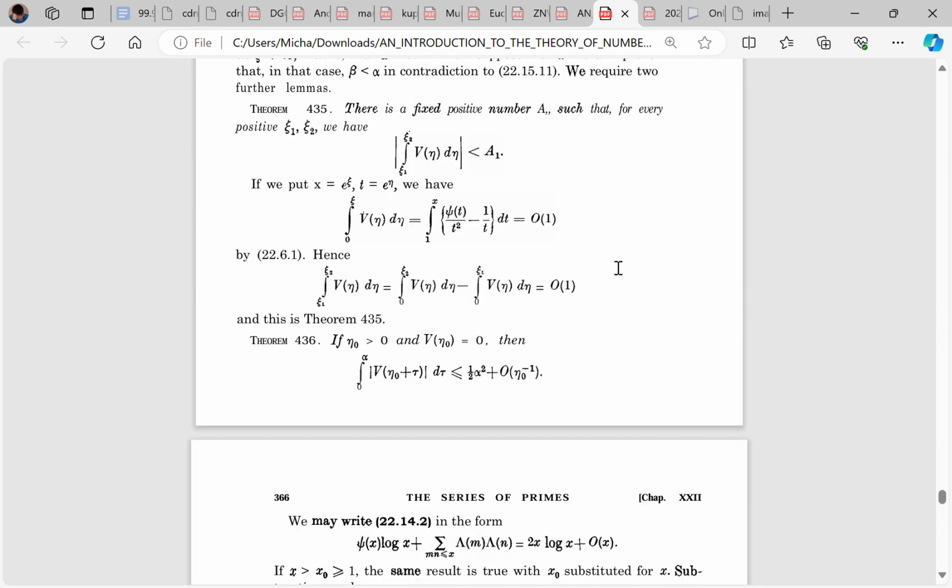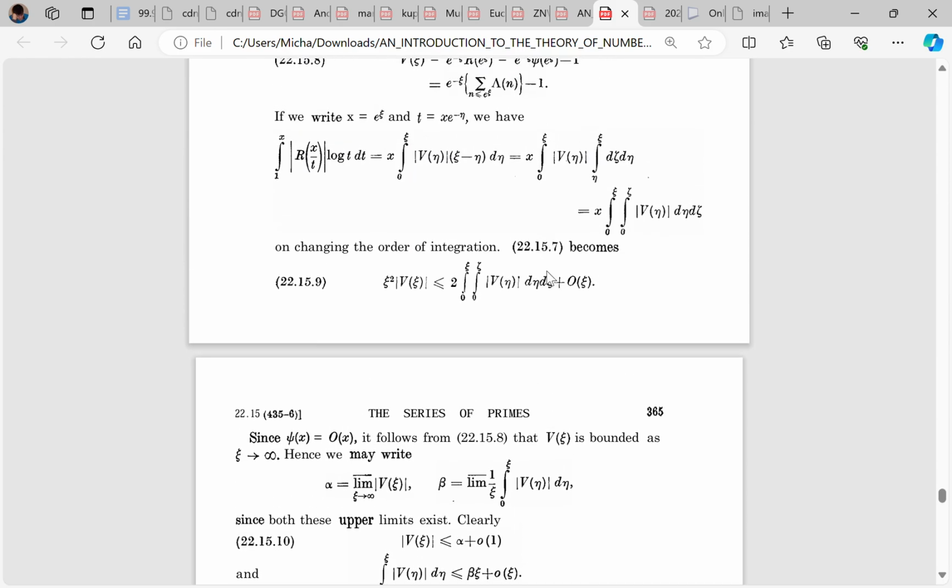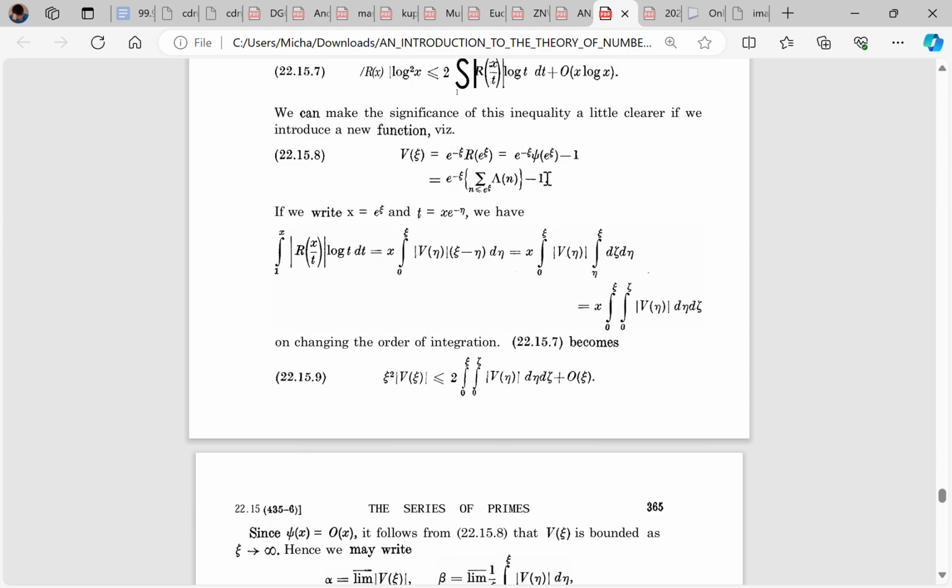So it's talking about, v is defined to be this thing here. So it's e to the negative xc times the Chebyshev function of e to the xc minus 1, which is the sum of Mangoldt functions. And so I guess what it's saying is, this is big O of e to the xc here.